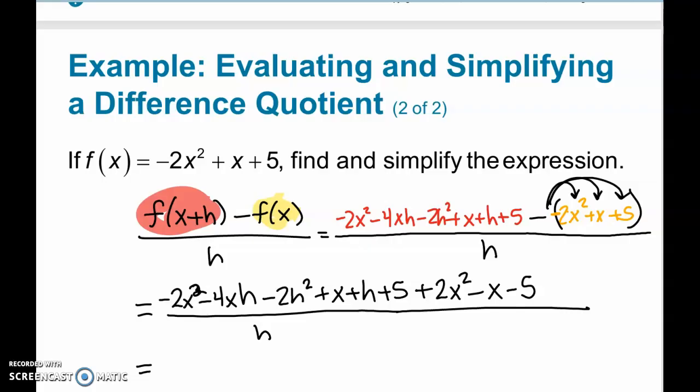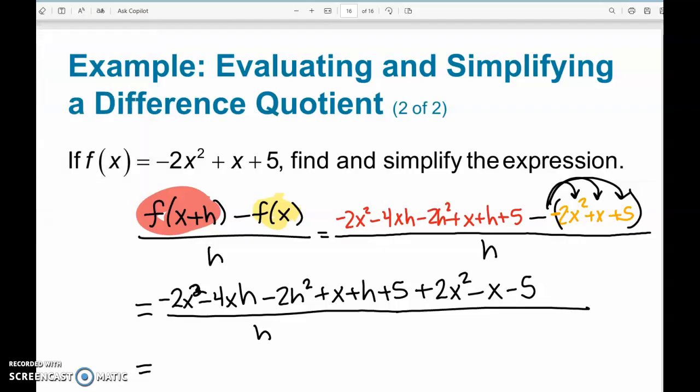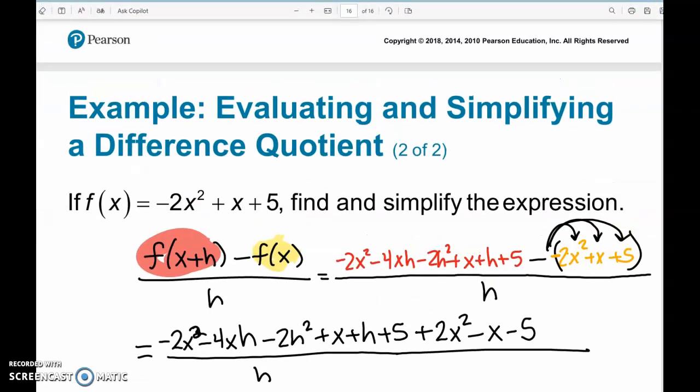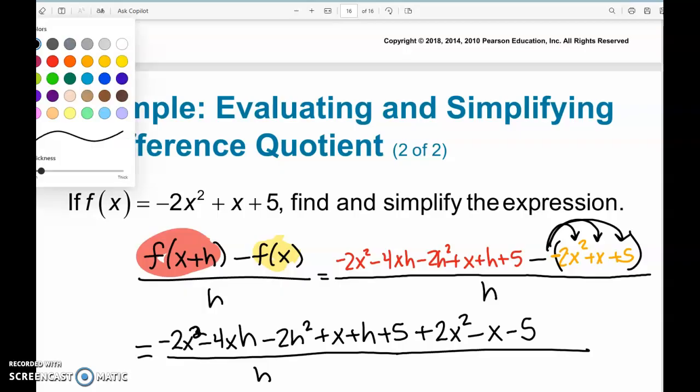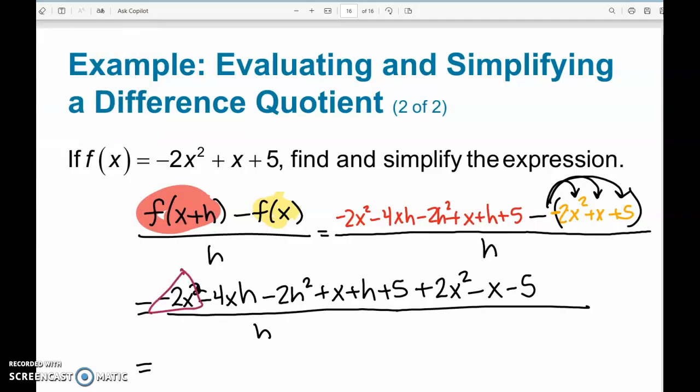So let me see, what like terms do I have? I have minus 2x squared, I have plus 2x squared. Those cancel out.